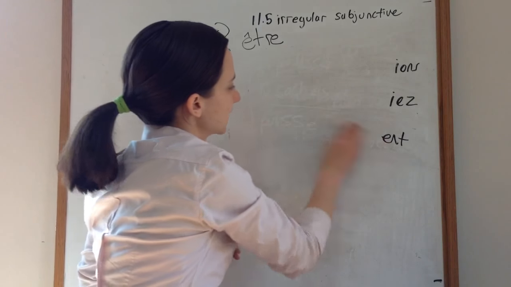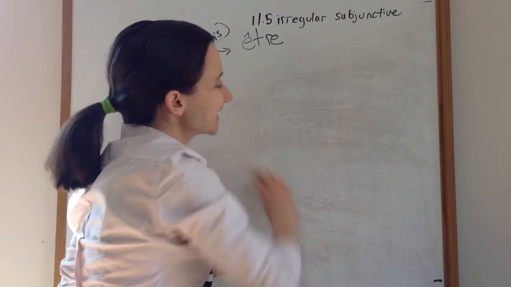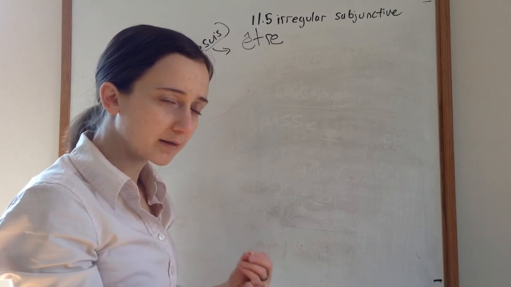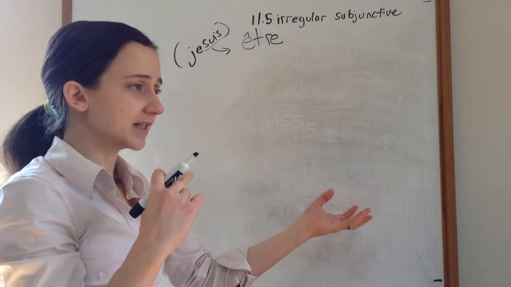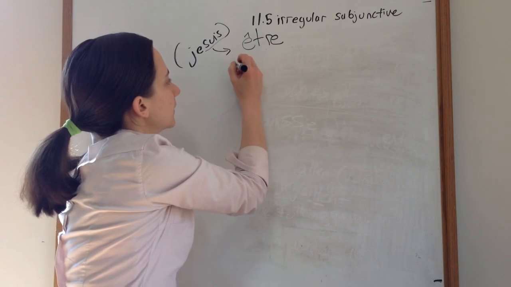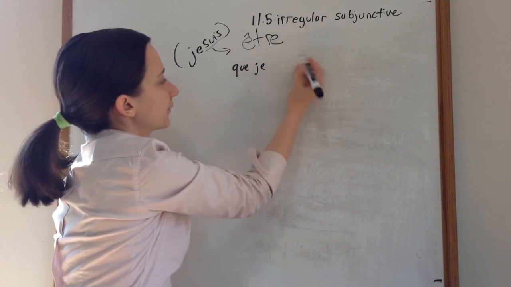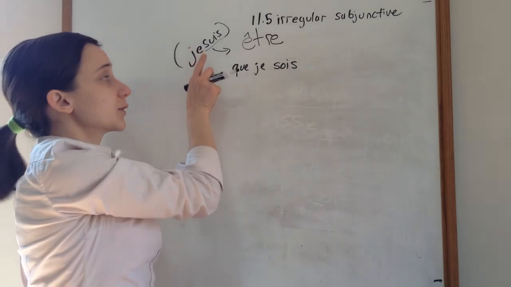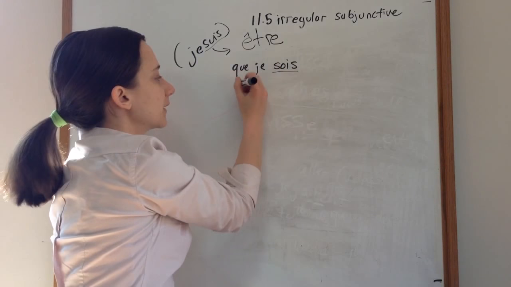But it's not terrible because it's still following some patterns that we know of. It's just in a completely different place than we expect it to be. So let's just look at this. Que je sois. So we're actually looking at the suis here, but we're changing it to sois.